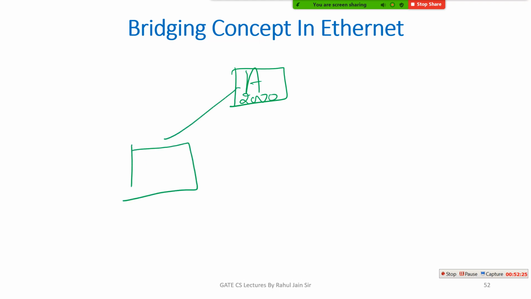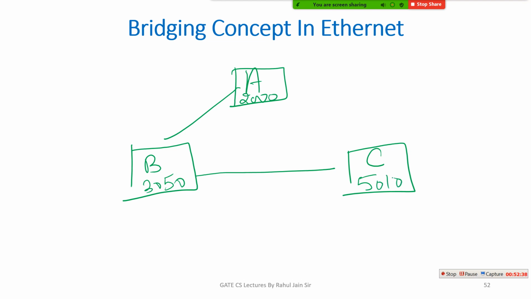As a practice question, I am giving you one more question, and after this, we will end our session, right? Suppose bridge A is here, its bridge ID is 2000, and bridge B is here, its bridge ID is 3050, and we have bridge C here, whose bridge ID is 5010, and bridge D, whose bridge ID is 4000.